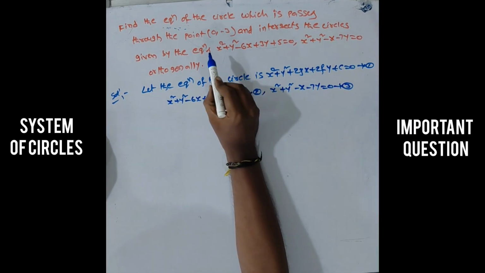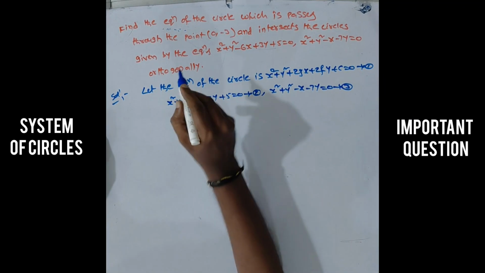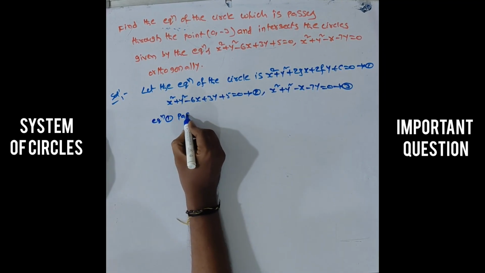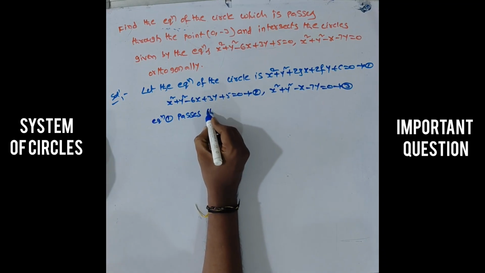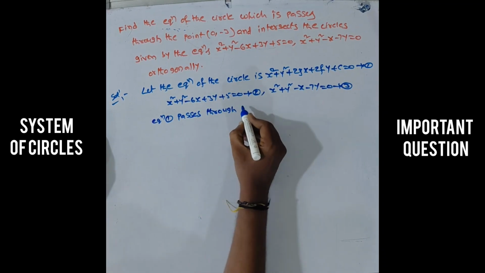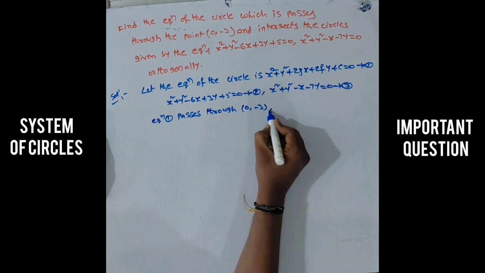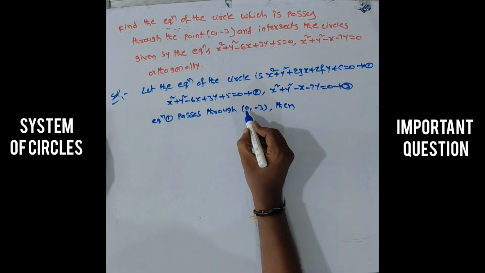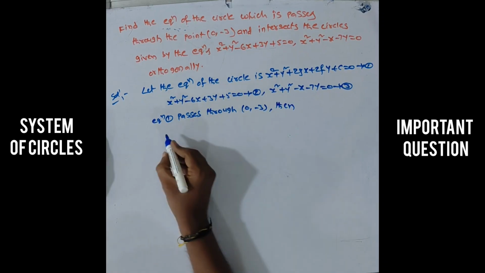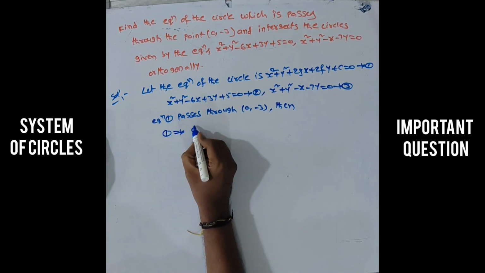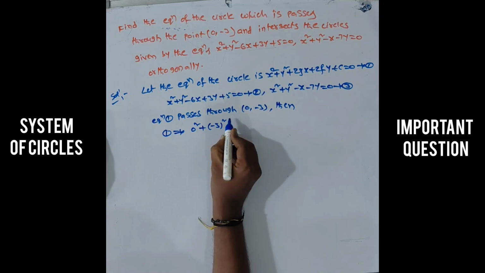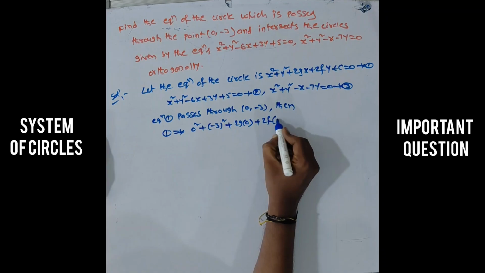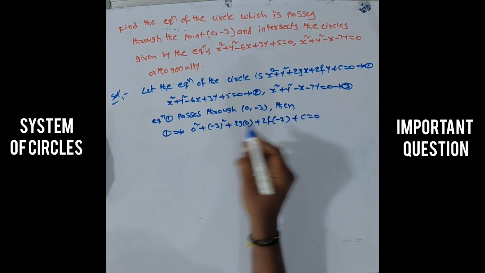Equation number 1 passes through the point (0, -3). Then what should we do? We substitute (0, -3) in equation number 1: 0 is the x value, -3 is the y value. So 0² + (-3)² + 2g(0) + 2f(-3) + c = 0.